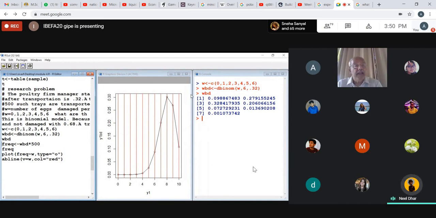So it will give us a good idea of how many in 500 trays might get damaged. Yes. Because this probability distribution is the same for every tray among the 500, isn't it? Yes, sir.